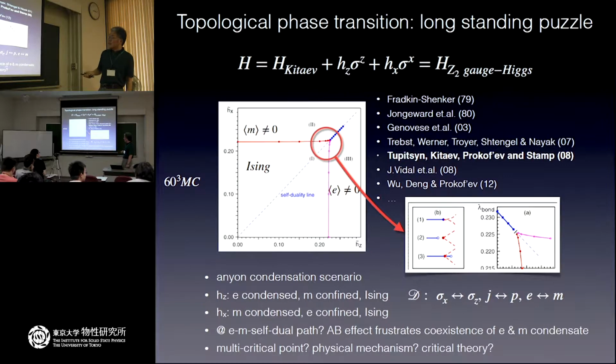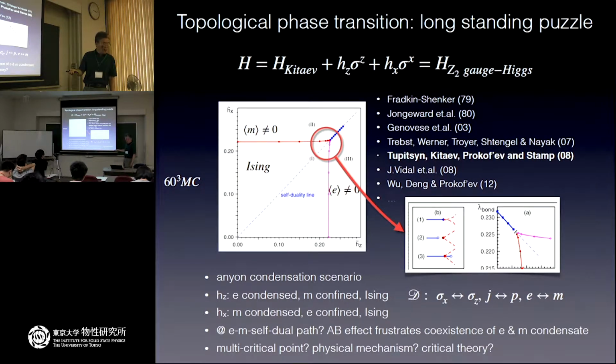So there's a most important issue around this region, because naively you will see maybe this electric charge and the magnetic flux may be combined and form some kind of bound states, and then these two continuum phase transition lines continuously, smoothly connect to this first order line, forming this tri-critical point.